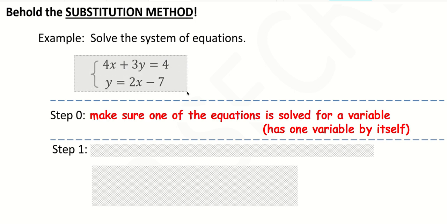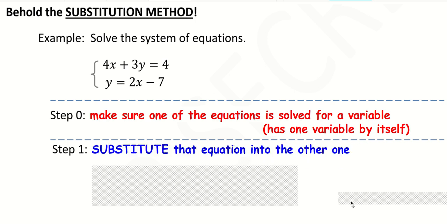Do either of these equations already happen to have x or y by itself? Well, yeah, this one is already solved for y. So that opens the door for step 1, the money step, which is you're going to substitute that equation into the other one. I mean, because look, think about it. This equation is actually telling you that y equals 2x minus 7. Like y is the same as 2x minus 7.